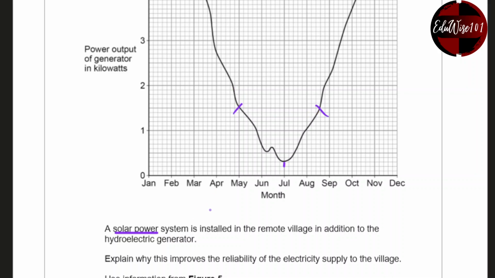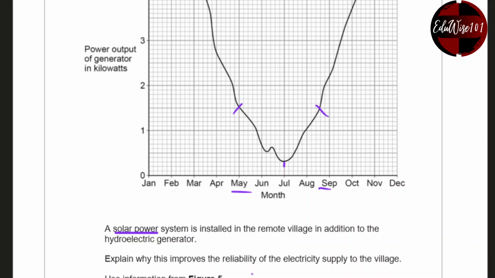Between May and mid-August, the power generated falls below 1.5 kilowatts. During those months, if you installed solar power, you can generate more electricity, because those are the months where you're going to have a lot of sunlight.